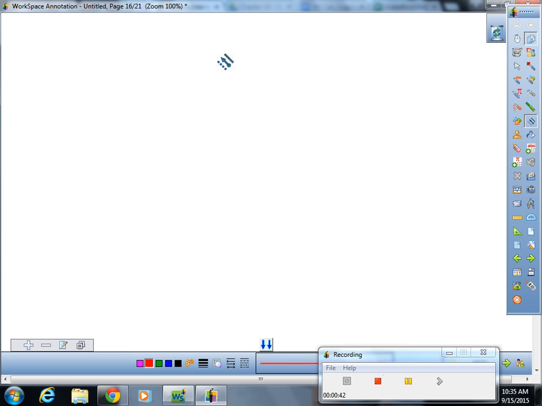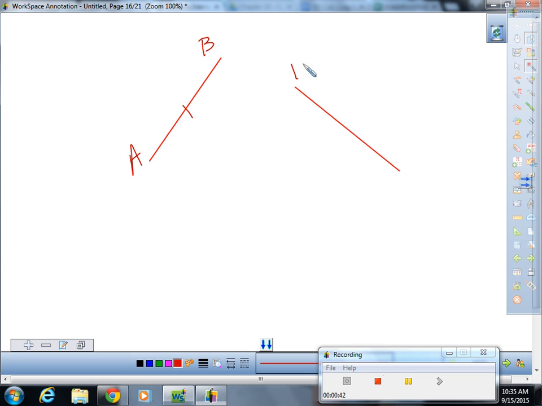If a segment, so we are given that we've got 2 congruent segments. Let's say we've got AB is congruent to XY. If a segment is added to congruent segments, let's say we added CD to this one, and it is in line, and we add CD to this one.